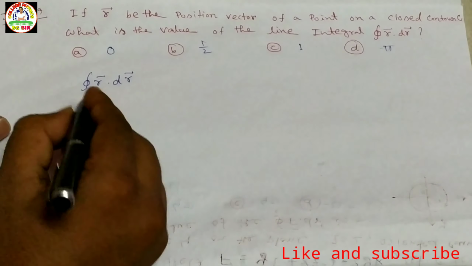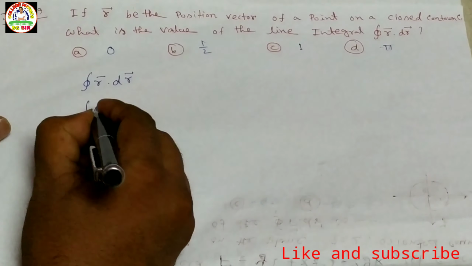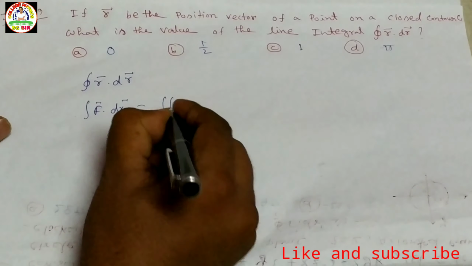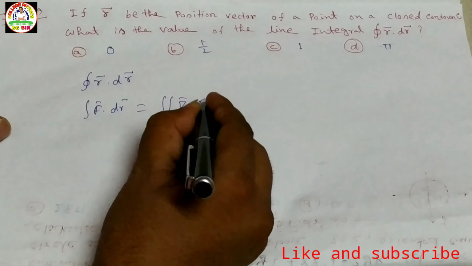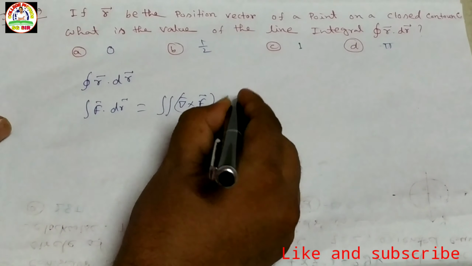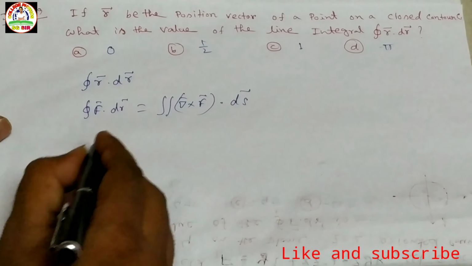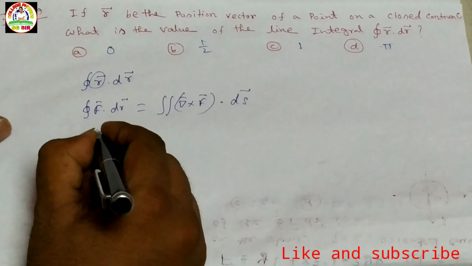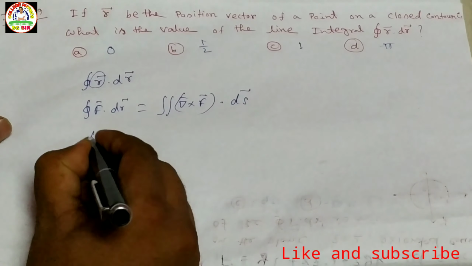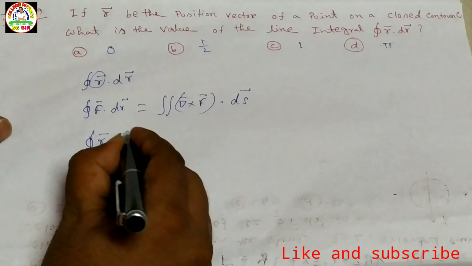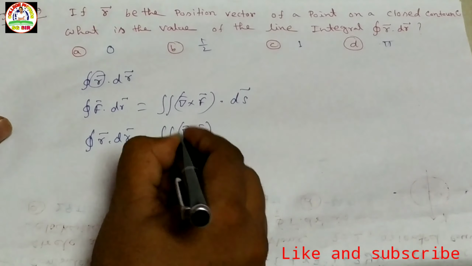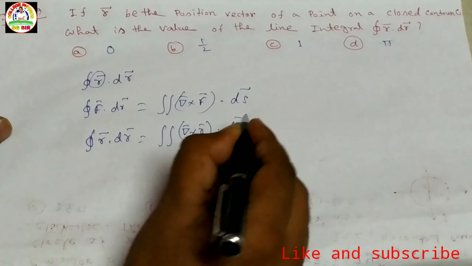We know according to Stokes theorem, f dot dr equal to surface integral curl of f dot ds vector. Here r is f, so if we convert line integral into surface integral, we get curl of r dot ds vector.